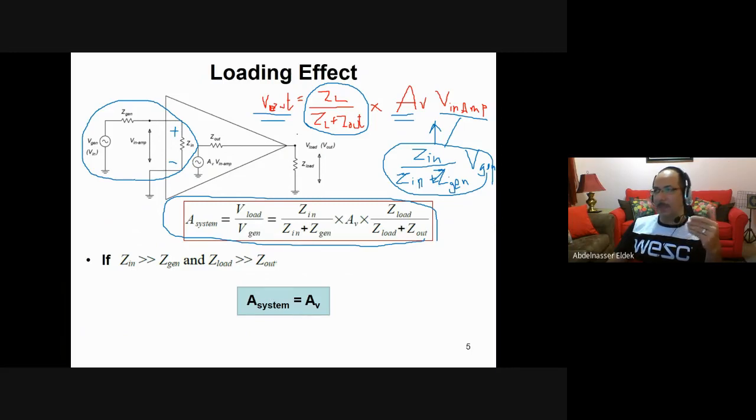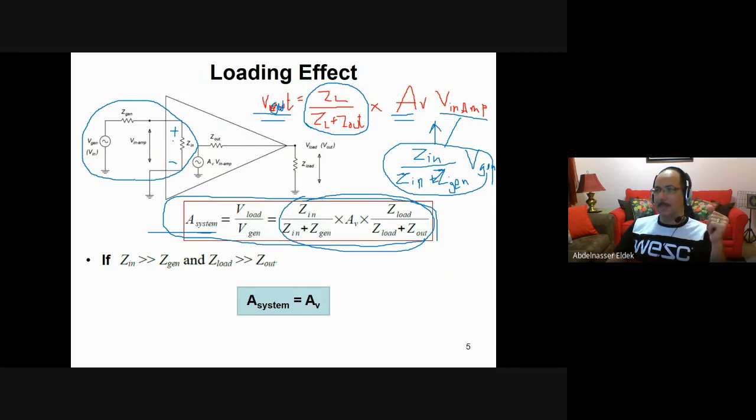If you want the ratio between the last output voltage and the first input voltage, the source, it will be this value here, and we call this A system. This is the amplification for the system.